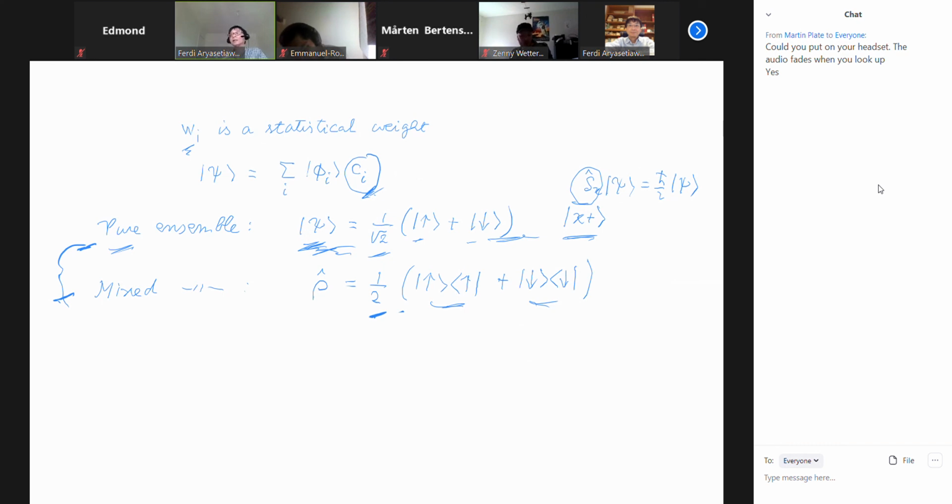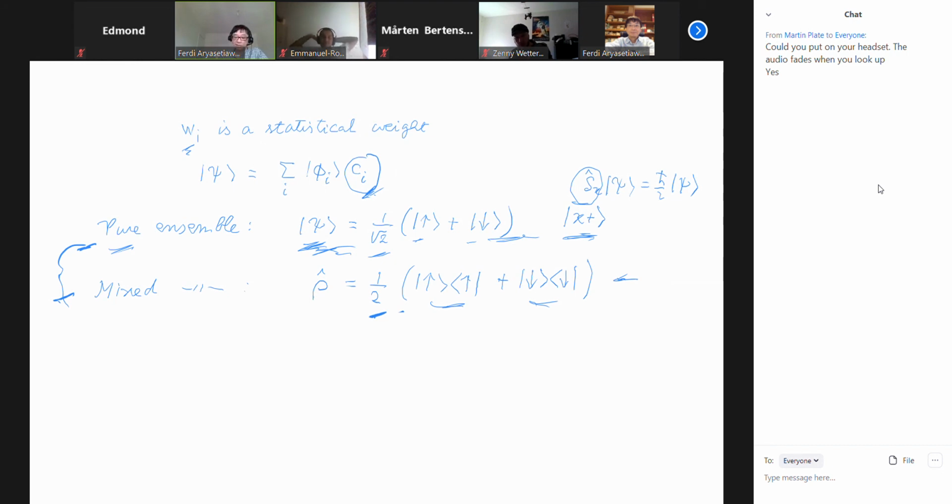So all the particles will be in this state, and we will always find a spin up result if we make measurements along the x direction. But in the case of the mixed ensemble, we will still get half and half.